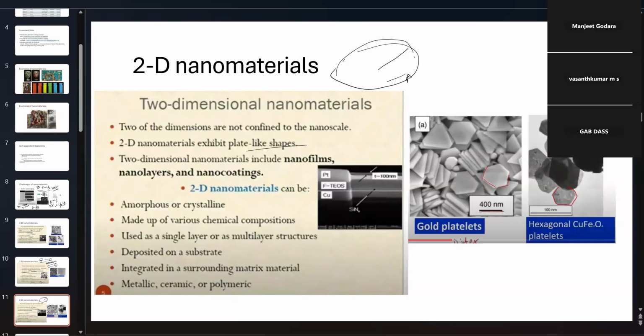These share points with the other two types: amorphous, different chemical compositions, single layer or multi-layer.